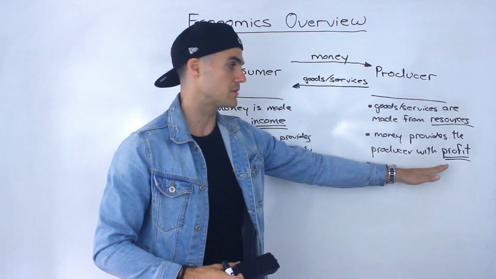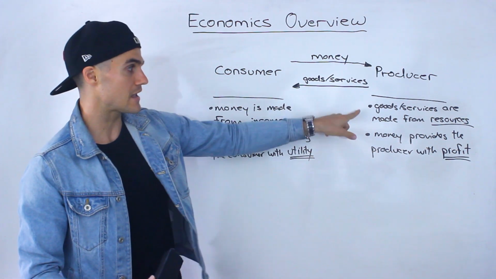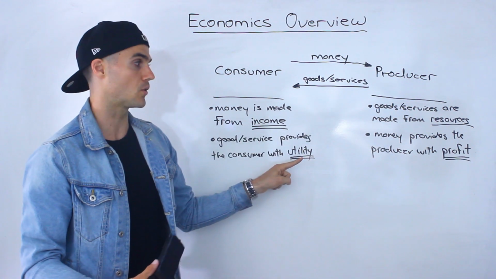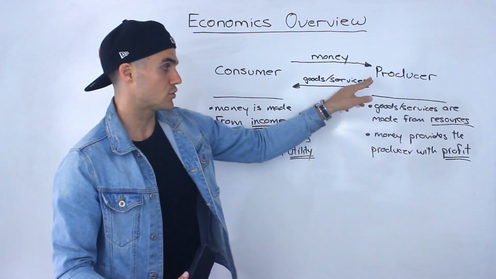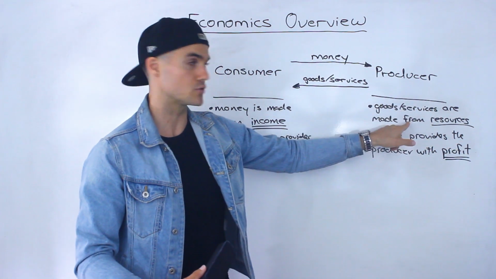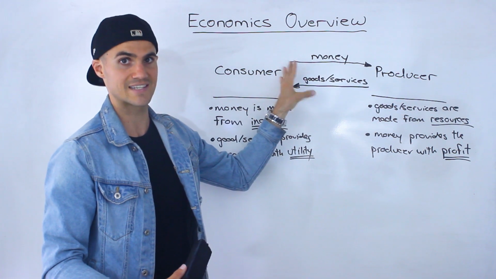They're seeking profit because once they have profit, they could reinvest that profit to make even more goods or services and to just keep that cycle going. So if a producer stops making profit, it will no longer produce this good or service. So this transaction will no longer exist.